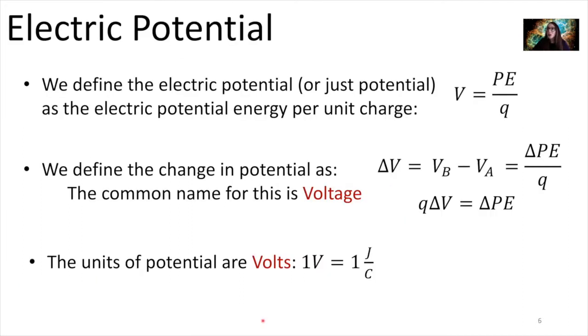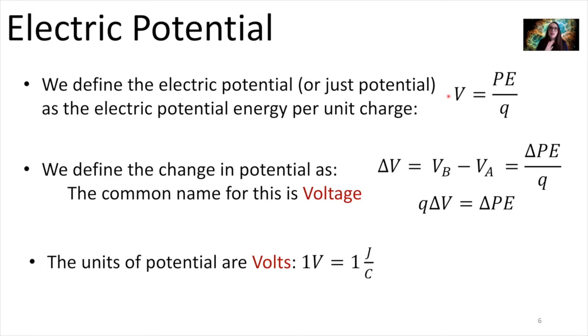Now, I know there's going to be a lot of terminology that's a little bit hard to keep separate in your brain. We've already talked about electric fields and electric forces and how those are different. Now we've got electric potential energy and electric potential. So the electric potential energy is different than the electric potential. We define the electric potential as capital V in this case.